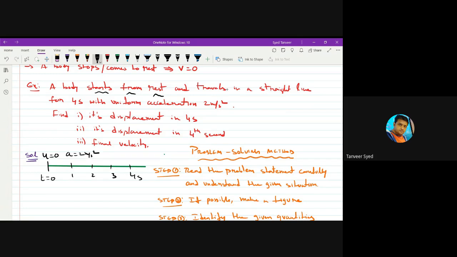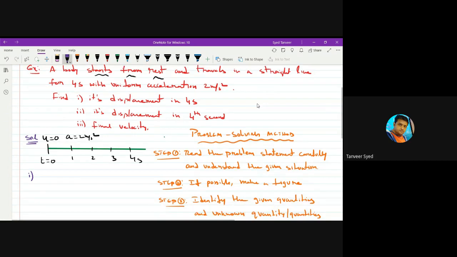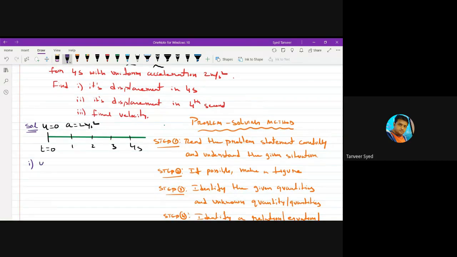Now, this is the given information to you. First question, we should calculate displacement in 4 seconds. So u is given, a is given, time is given, displacement is asked.